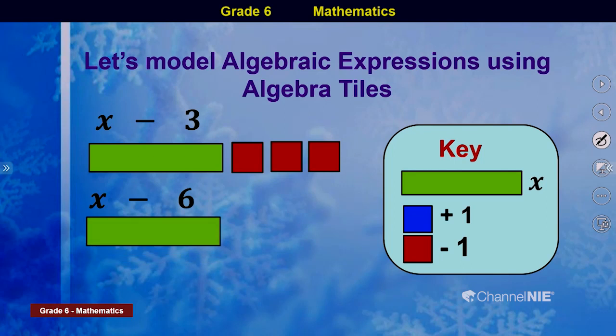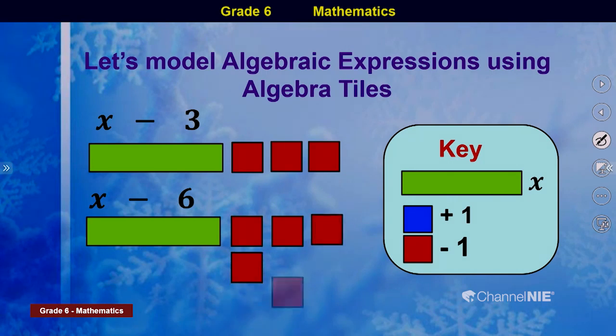Then I want to represent -6. I have to use a red square for -6. How many squares do I have to use? Yes, I have to use 6 red squares. 1, 2, 3, 4, 5, 6.